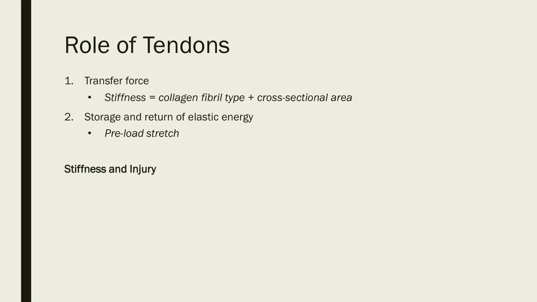So we know that incorporating that stretch shortening cycle with the muscle can obviously result in a greater force production with that muscle, but also preloading a tendon through stretch coupled with using the stretch shortening cycle within muscle tissue is actually going to be the most efficient and the most productive when it comes to moving our limbs.